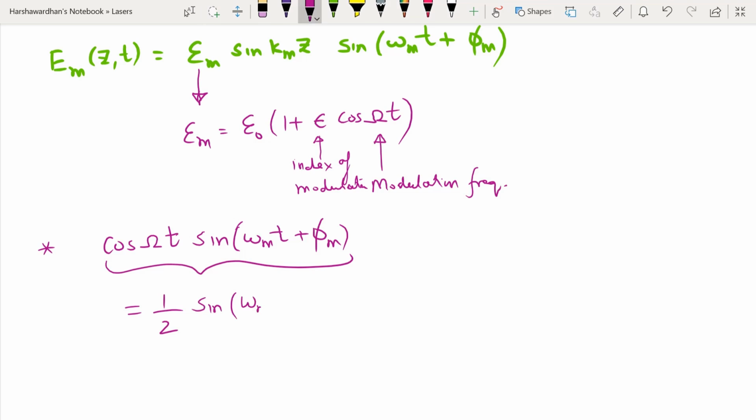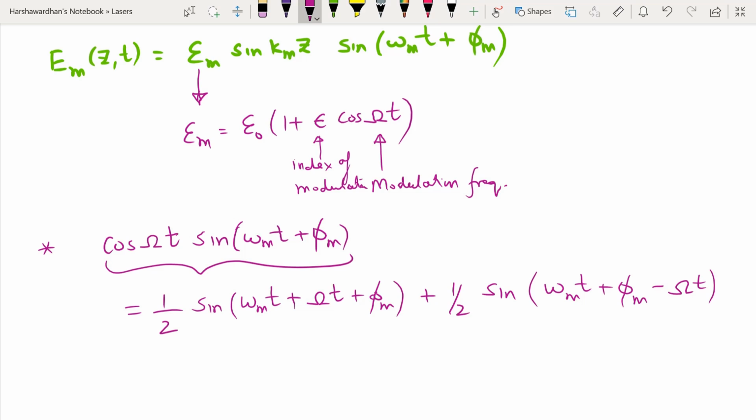That is sine of omega m t plus capital omega t plus phi m, and you have the difference frequency, which is omega m t plus phi m minus capital omega t, right?